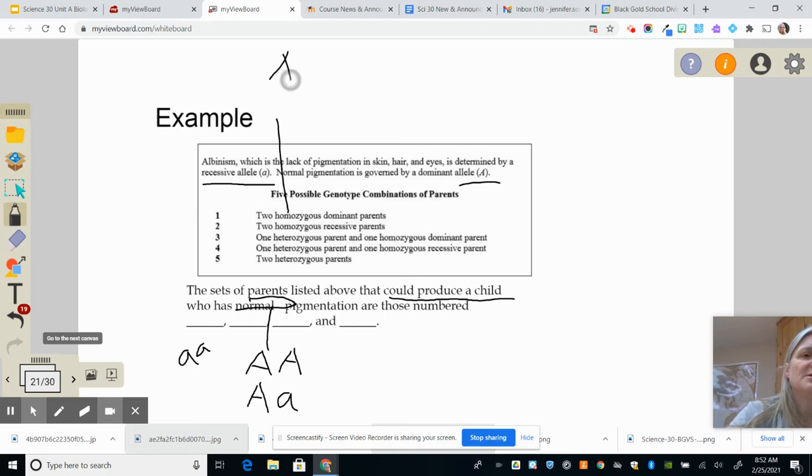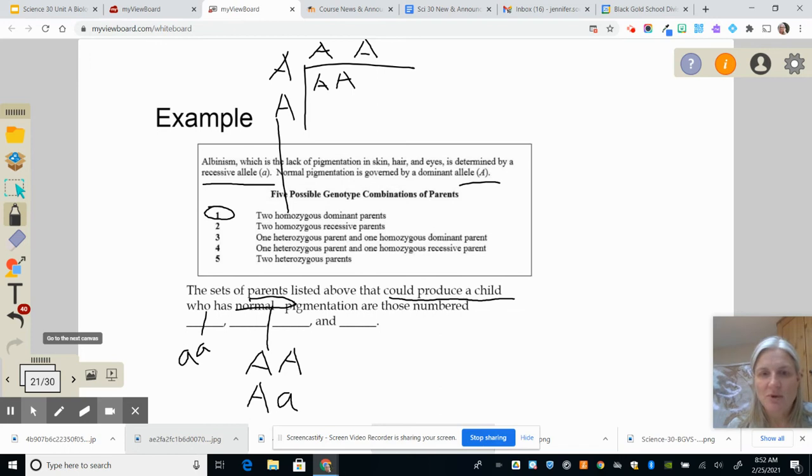So both parents, I'm just going to pop them right into a Punnett square, are homozygous dominant. So there's our dominant parents. Okay, this is obvious. We're going to see every single offspring is going to be also homozygous dominant.